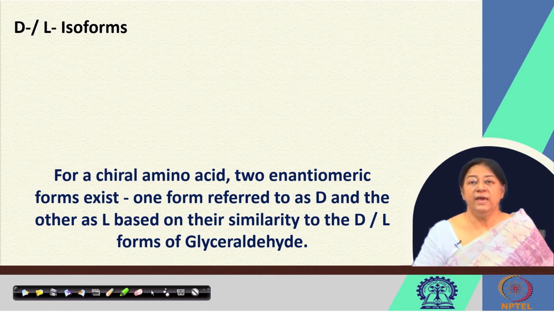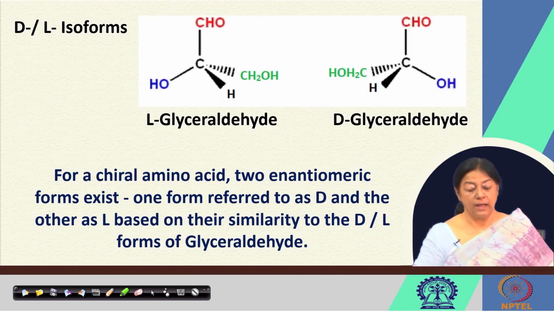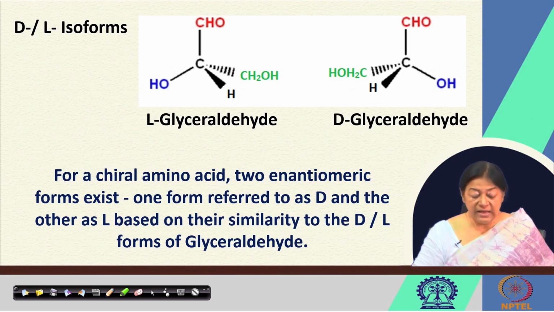The only achiral one that we can have is if R is also H, which we will see in a moment. So when we look at the different forms of the amino acids, they are actually based on their similarity to the D and L isoforms of glyceraldehyde.